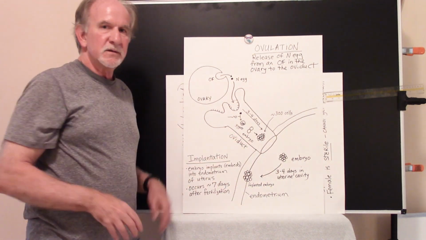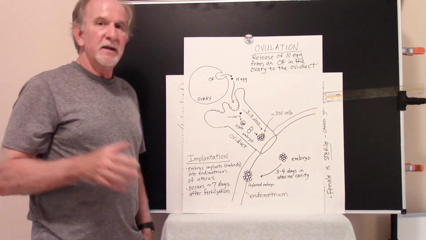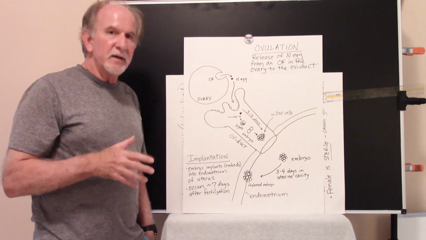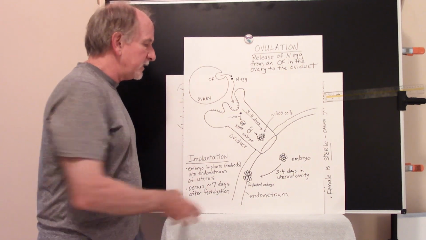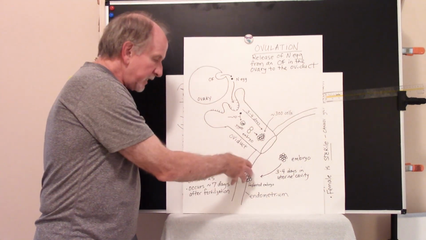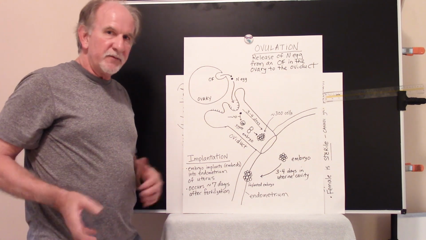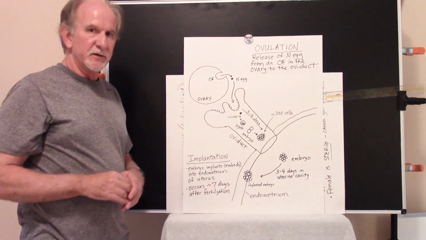The embryo remains free in the uterine cavity for another 3 to 4 days before it literally embeds or eats its way into the endometrium, and that event is called implantation.